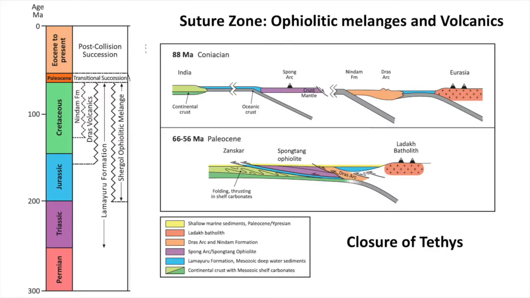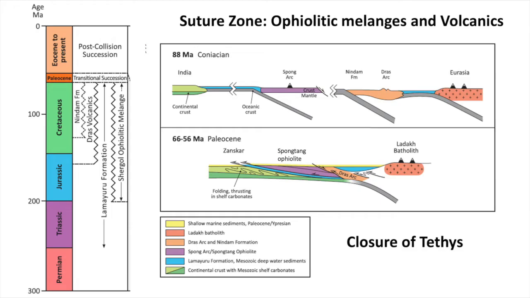Well, we have to go back to before the collision, which was at 50 million years ago. That's just in the early Eocene. And think about what was happening before. So in that collision zone, which is a zone about 10 kilometers wide, you've got rocks of an age from Triassic right through to late Cretaceous, even into the Paleocene.